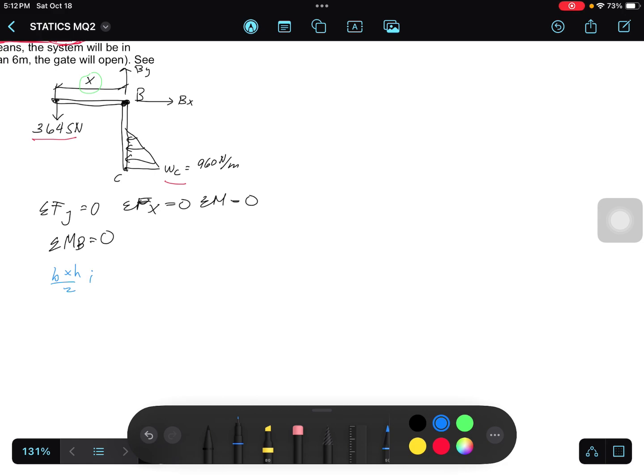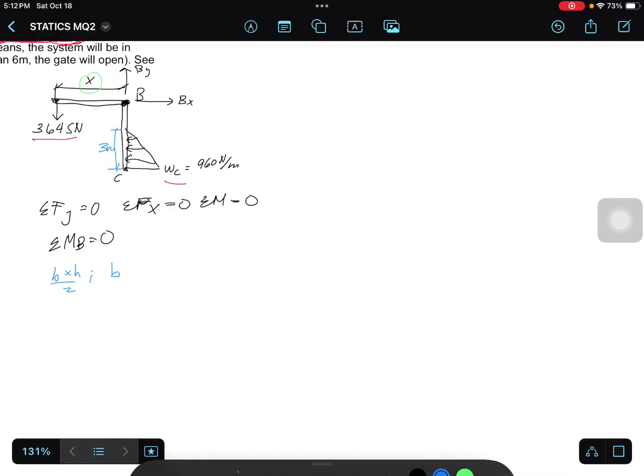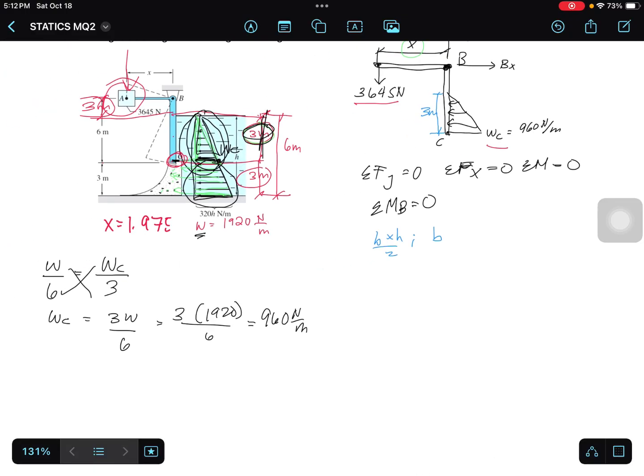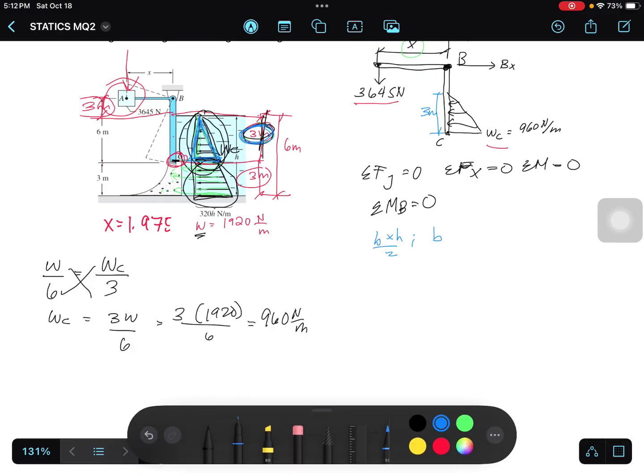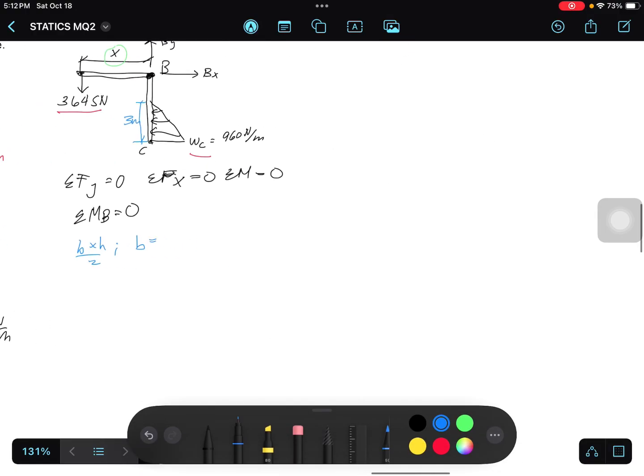So, what will be your base? It will be, diba, this is 3 meters. As we know naman dito, kung saan na-distribute yung triangular load, it's 3 meters. So, that's 3 meters yung base mo. So, what is your height? Ito, yung height, yung peak ng triangle mo. It's WC, which is equal to 960 Newton per meter.